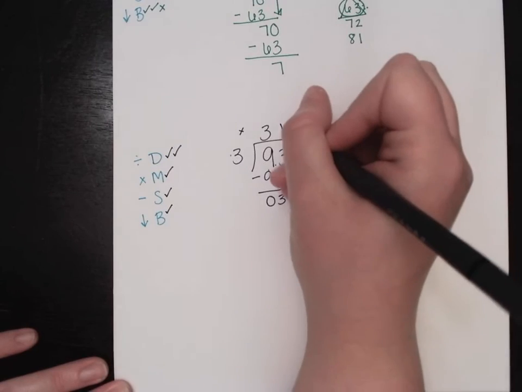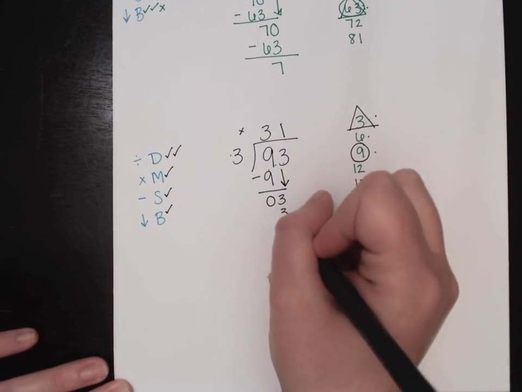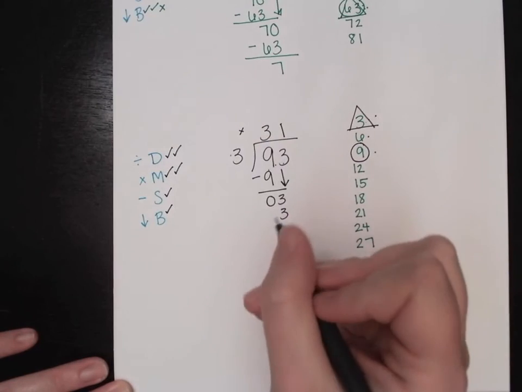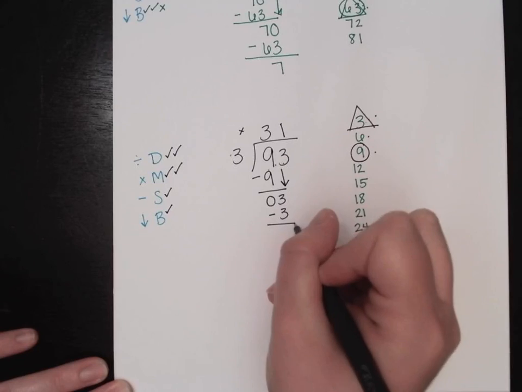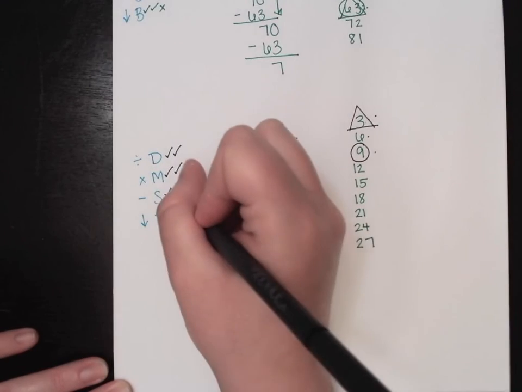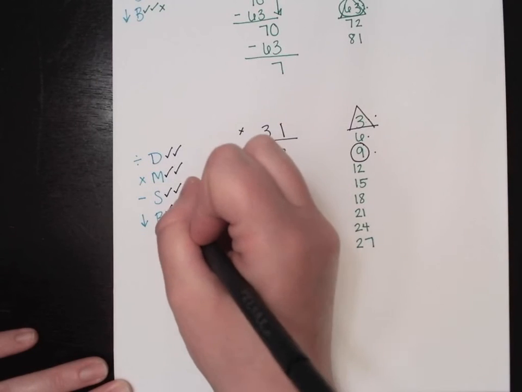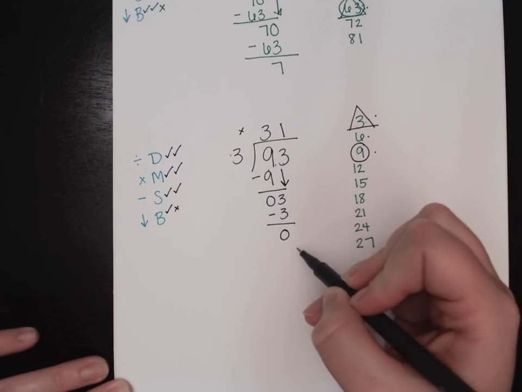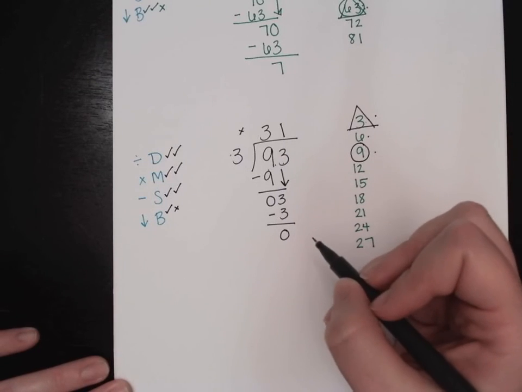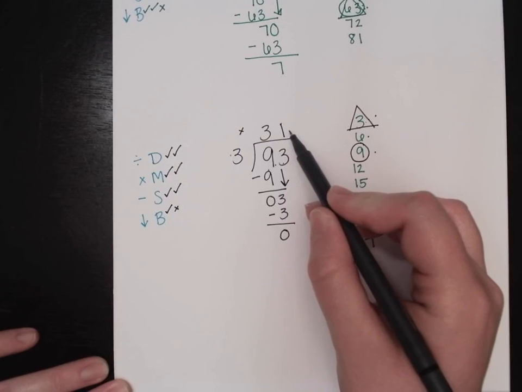Check for division. 1 times 3 equals 3. Now we're on subtraction. 3 minus 3 equals 0. Now we're on bring down. I don't have anything left to bring down, and I also don't have anything to bring up because I do not have a remainder. So my quotient for 93 divided by 3 equals 31.